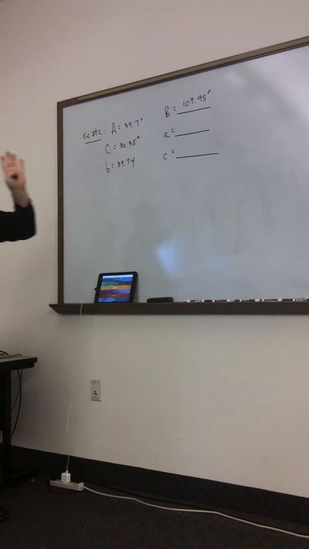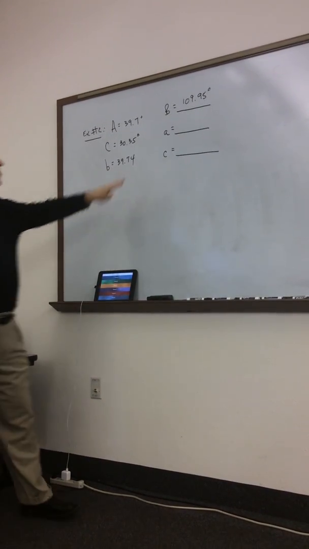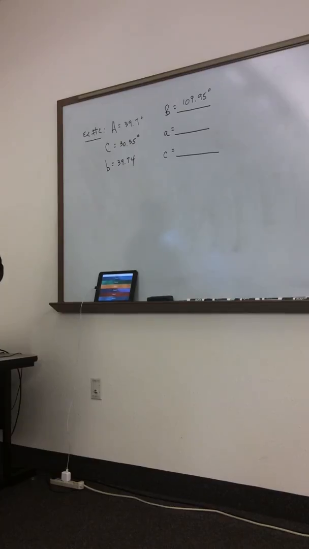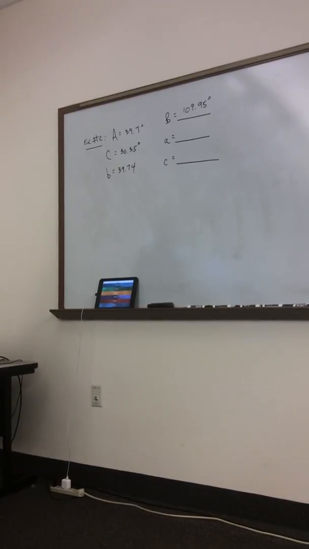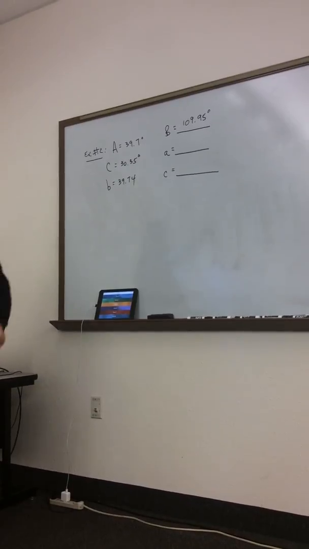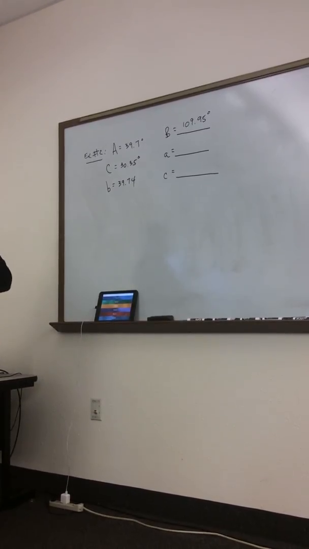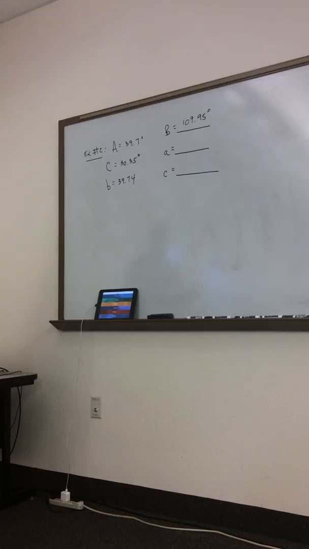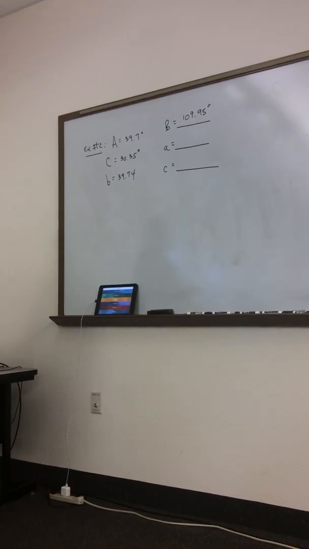Okay, I'm not going to say anything. I got to find this. Which part of the proportion in the law of sines do I know both of them right now?